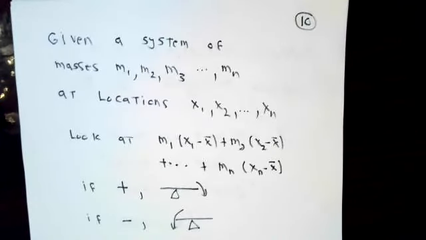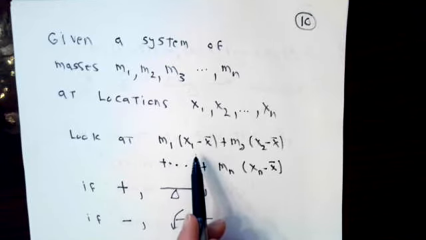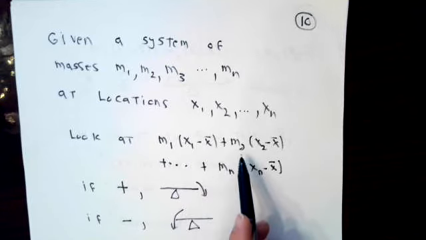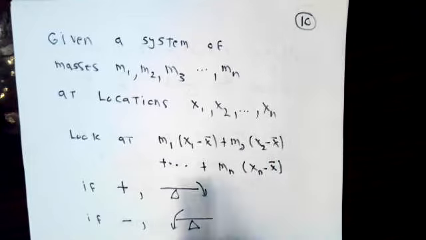So if I have a whole bunch of objects with masses m1, m2, m3 out to m number n, where n is the number of things I have, and they are located at x coordinates x1, x2 out to x number n, if I want to look at the total contributions from all of the individual pieces, I'll do m1 times x1 minus x bar plus m2 times x2 minus x bar, and I'll just keep adding all of them up until I've added in the last one, m number n times xn minus x bar.